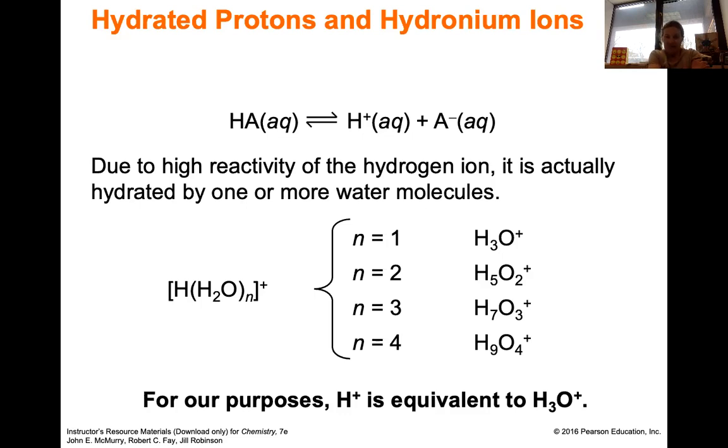H3O plus would be if it has one. When you have two, it'd be H5O2 plus. There are lots of different hydrated forms of H plus, but we'll just generalize it and call H plus H3O plus, meaning that when it interacts in water, the water always forms a partial hydrogen bond with that H plus.